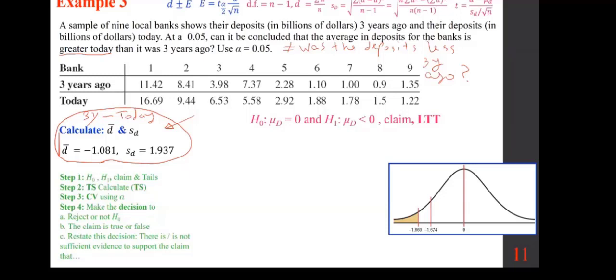A positive number? Beautiful. Same number, positive. D bar is positive 1.081. What about s sub d? What's going on with the variance? Nothing. It's identical. Why is that? Take a look at the formula. Summation of D minus D bar quantity squared. It doesn't matter which one comes first, you're going to square it.